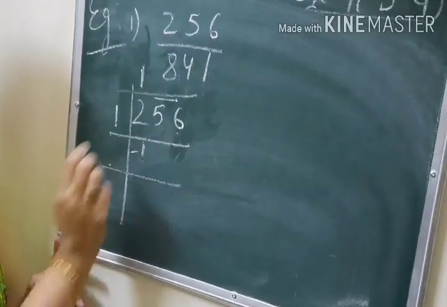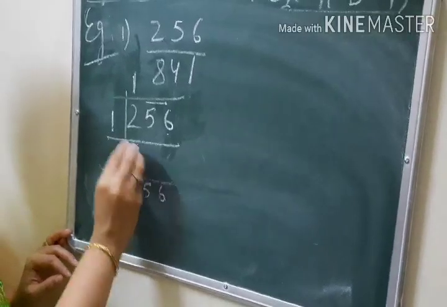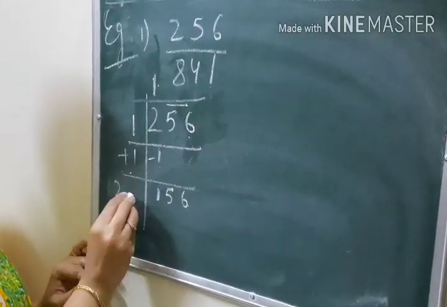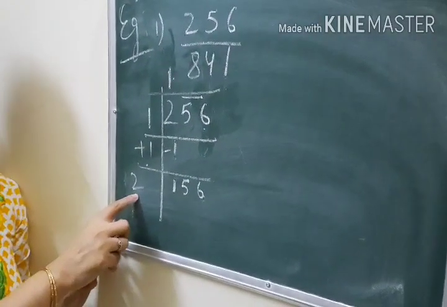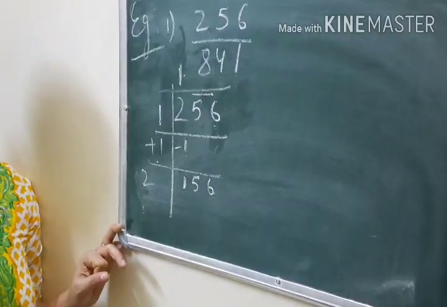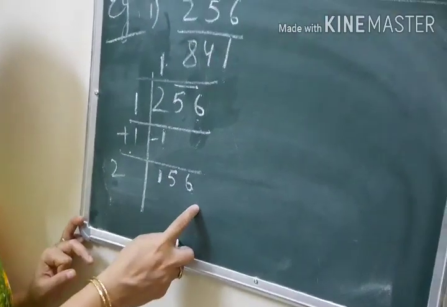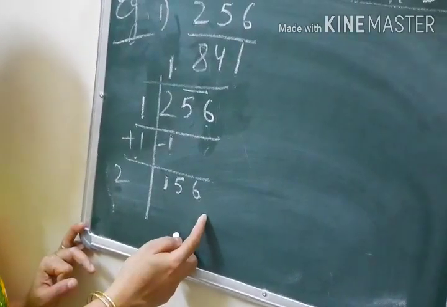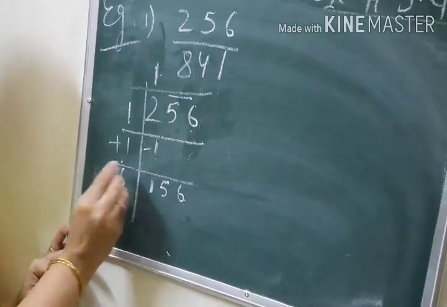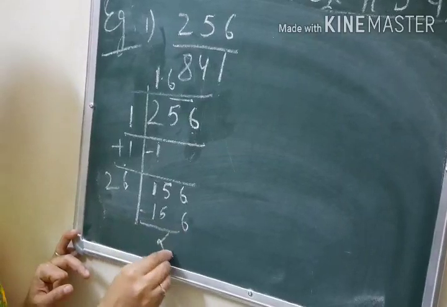The smallest perfect square less than 2 is 1. Now it is 156. Add 1 plus 1 is 2. Now we have to put some number with it so that you multiply with the same number and you get this number. Now last number is 6. So we can get it by either 6 or 4. So let's have 6. We have got it. So answer is 16.